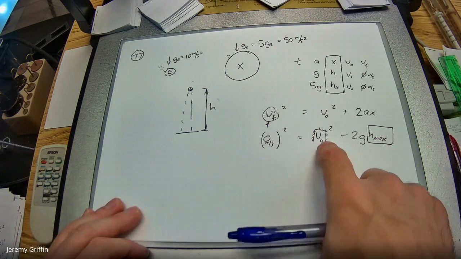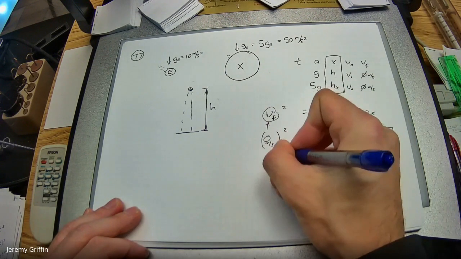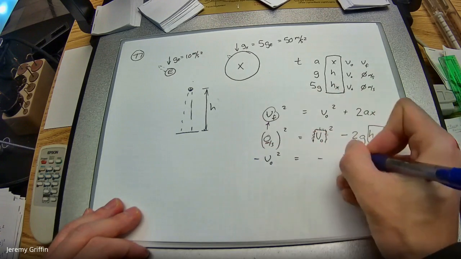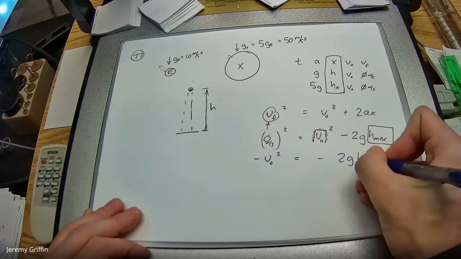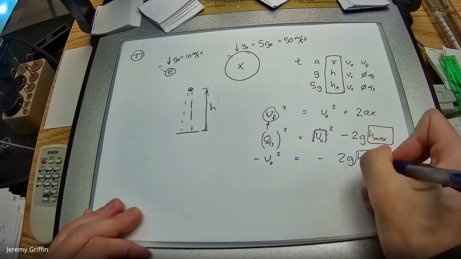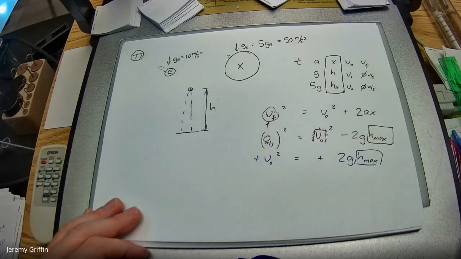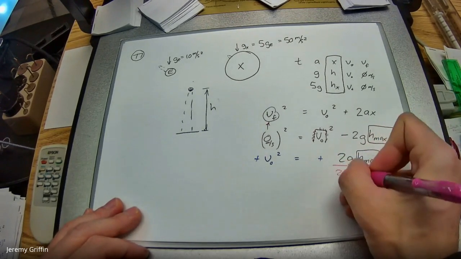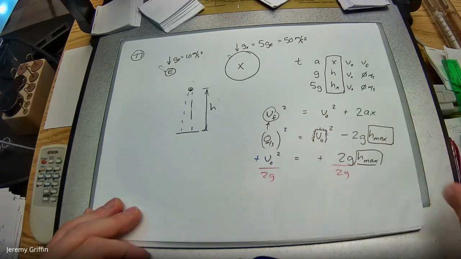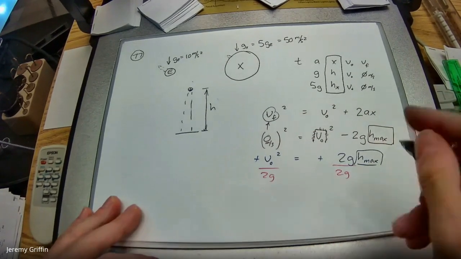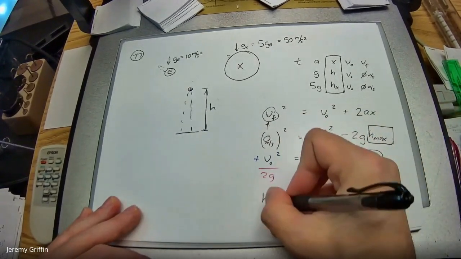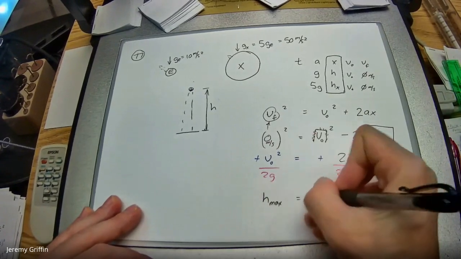I'm going to subtract the v naught squared over, and V naught squared equals, looks like that. Don't the negatives cancel? So divide both sides by 2g. So over 2g.